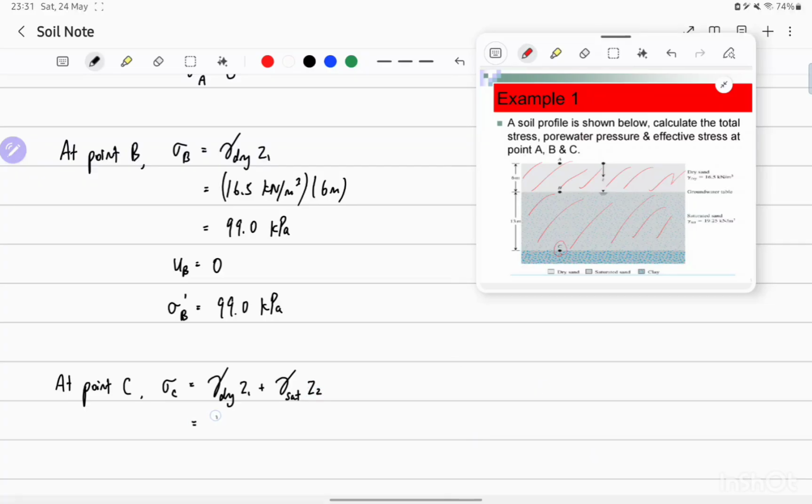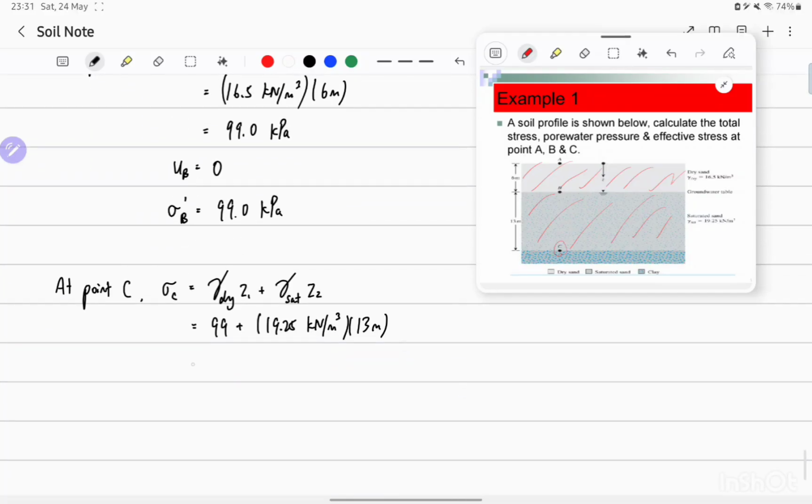Then for this one we can just copy on top: unit weight of saturated sand 19.25 times 13, so the unit is the same. You get 349.25.